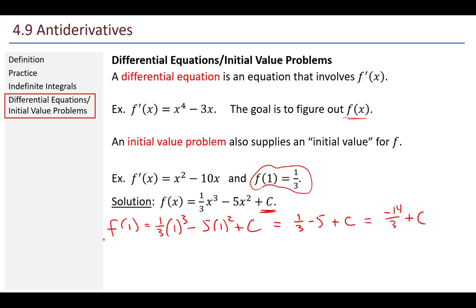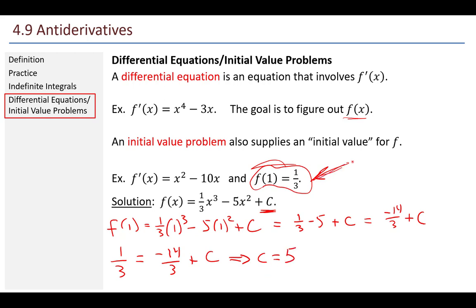Okay, well that's my f of 1. I've just simplified f of 1, but I also know that f of 1 is 1/3, so 1/3 equals negative 14/3 plus c. And now, solving for c, this implies c equals, let's see, 15/3. Oh, it's just 5. c equals 5.